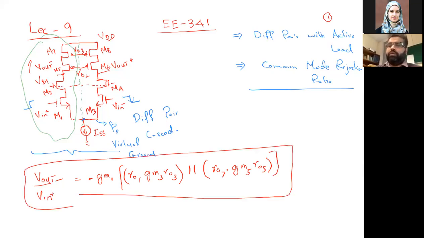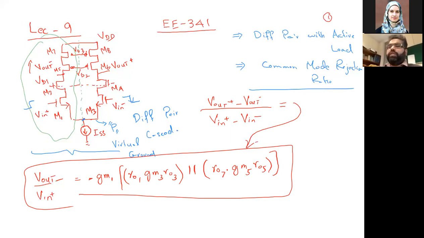And if we want to reflect it back, the overall V out positive minus V out negative divided by V in positive minus V in negative will also be equal to the same expression.